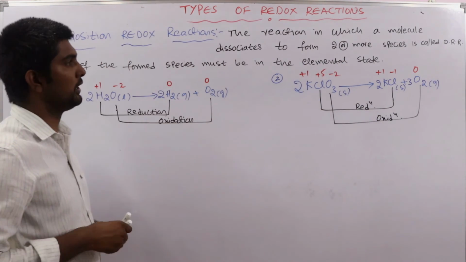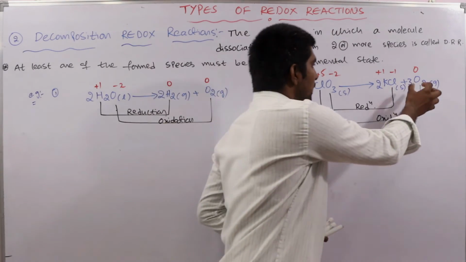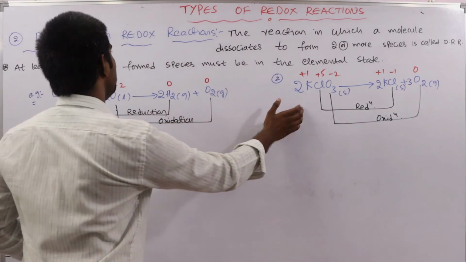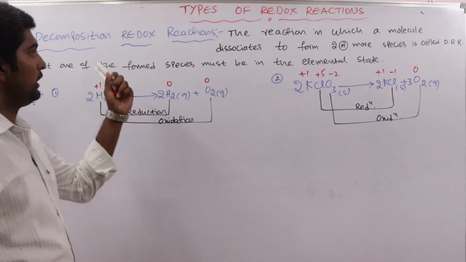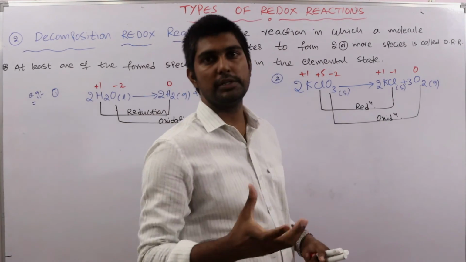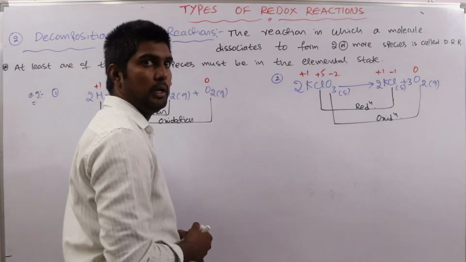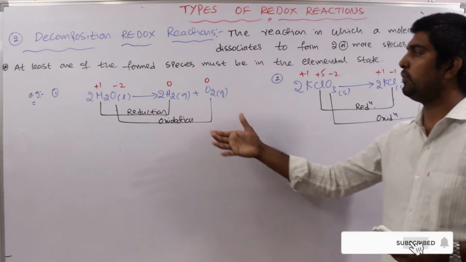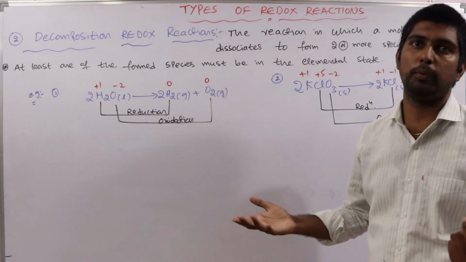So this is a redox reaction, and one of the products is in the elemental state. So this decomposition reaction is a decomposition redox reaction because one of the formed species is in the elemental state. Clear? So at least one is the essential condition. If two or more are also in the elemental form, no problem.